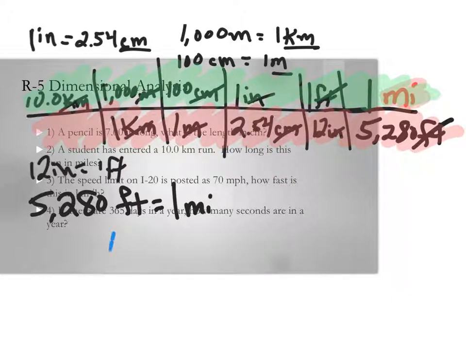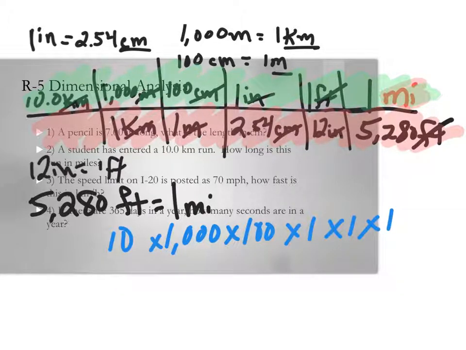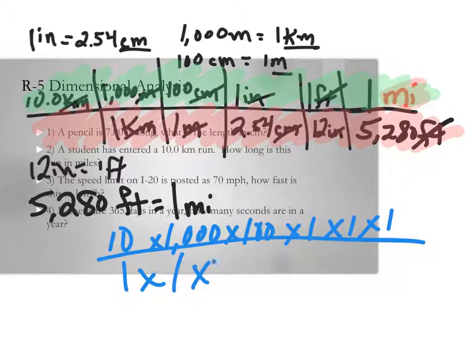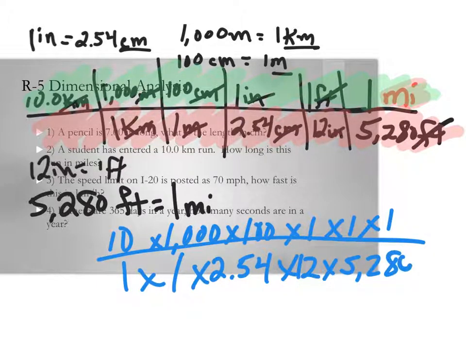I would do 10 times 1,000 times 100 times 1 times 1 times 1 all over 1 times 2.54 times 12 times 5,280.